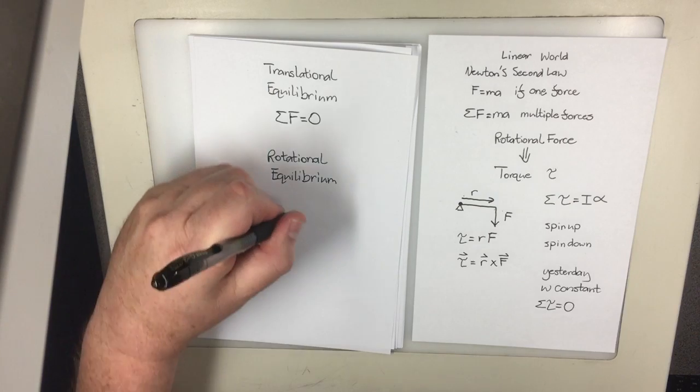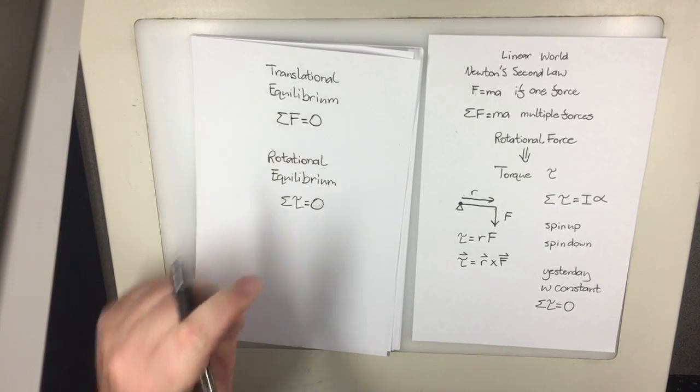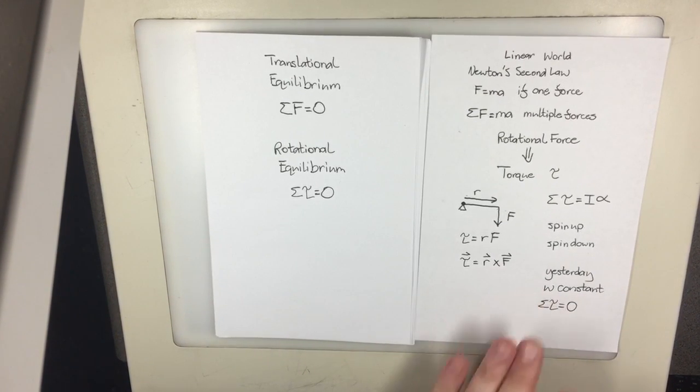In rotational equilibrium, the sum of the torques is equal to 0. So in translational and rotational equilibrium, the linear and rotational accelerations are not observed. They're 0. And if you see those in a problem, you should be very happy.